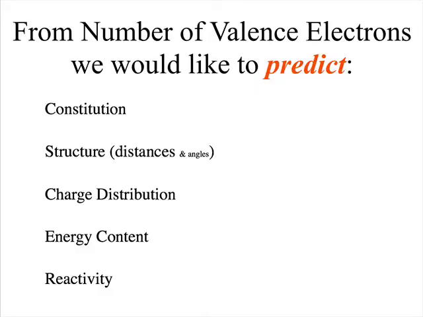Basically, Lewis structures and Lewis theory is founded on being able to predict a structure simply based on the number of valence electrons that we have.